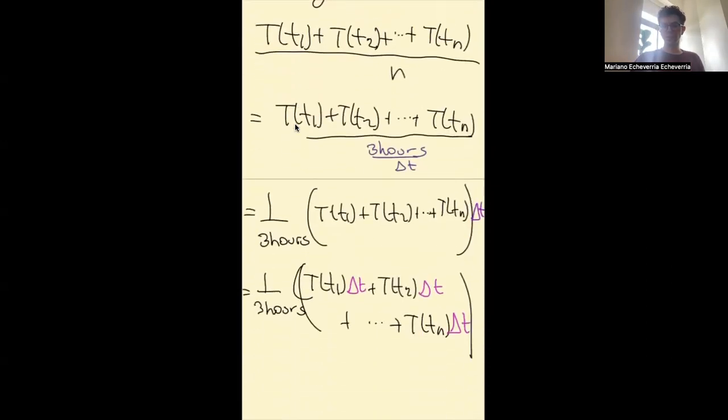So what I'm trying to say is that these are areas in the graph, these are actually areas of rectangles. Is that making sense?